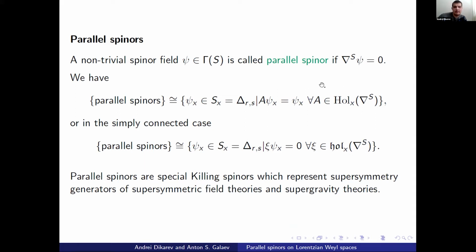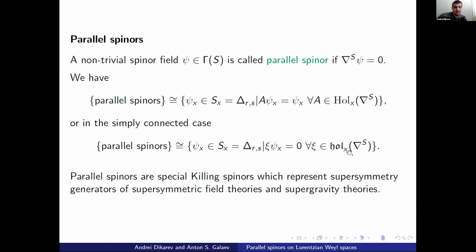And we have the following fundamental principle, which says that the space of parallel spinors is isomorphic to the space of the spinors at the point which are preserved by the holonomy group of nabla S. And if we have a simply connected manifold, then the space of parallel spinors is equal to the space of spinors at the point which is annihilated by the holonomy algebra of the connection nabla S.